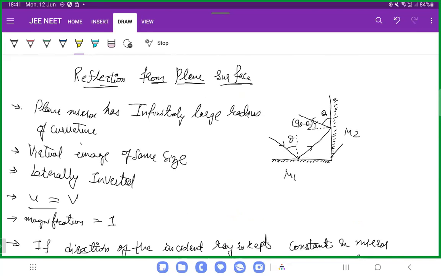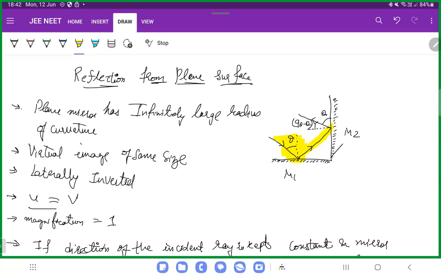Now, reflection from plane surfaces. If you see here, this is the incident ray and the normal, and the angle is theta. It is reflecting on another mirror, mirror 1 and mirror 2.